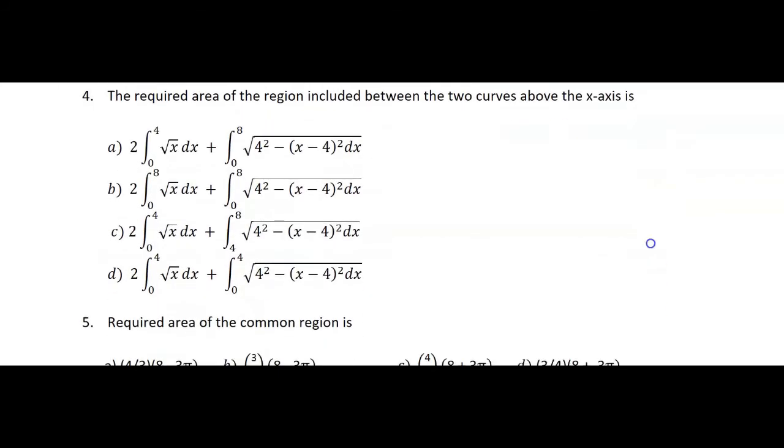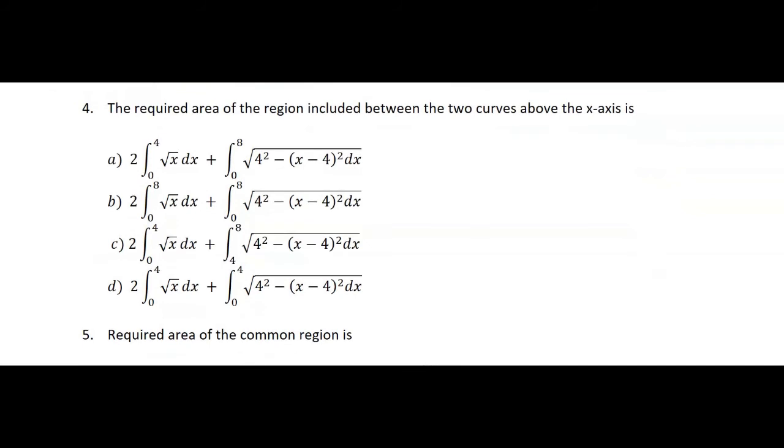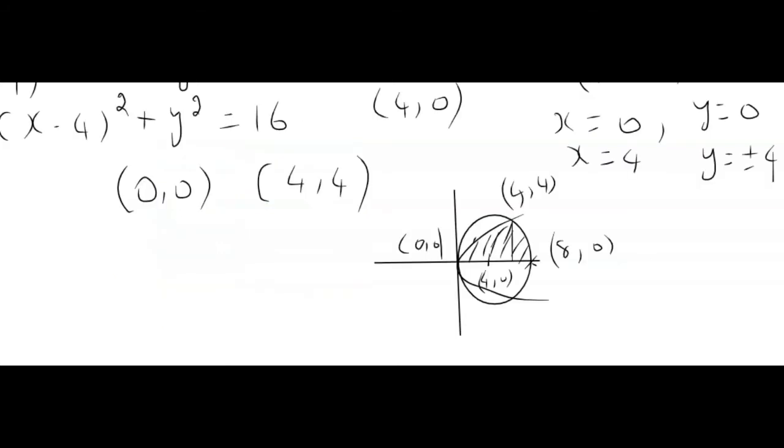The fourth question: the required area of the region included between the two curves above the x-axis is what? It is clear that from 0 to 4, the bounded curve is that of the parabola.